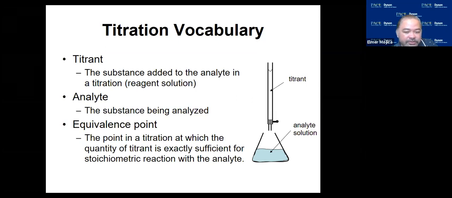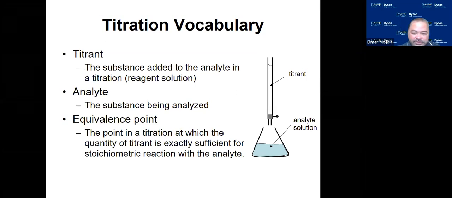We have here the titrant. The titrant is the one that you put in your burette, the substance added to the analyte in a reagent solution. It's the one that's changing in terms of volume, the one whose volume you record, where you have the initial volume and the final volume.